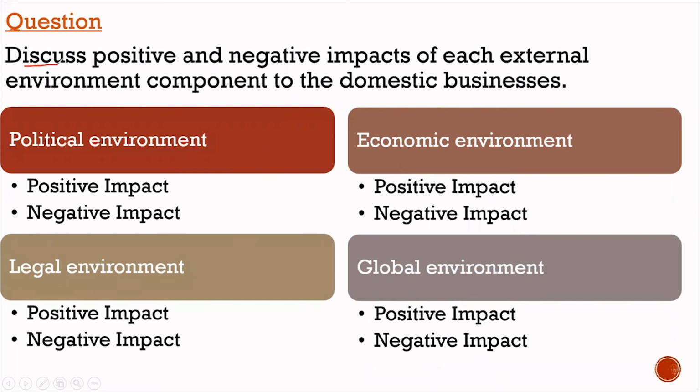Now they're asking you to discuss the positive and negative impacts of the external environment. So you have to discuss, you have to at least not just point out, you have to describe them. Right? So I hope you got the understanding of answering a question like this.